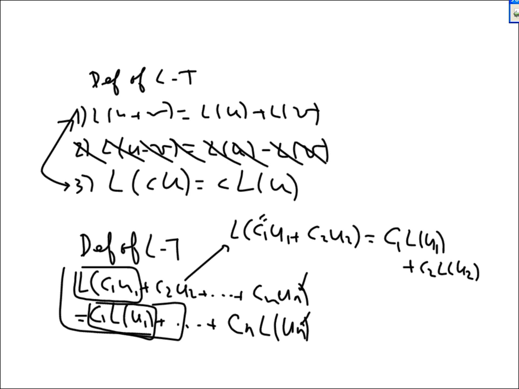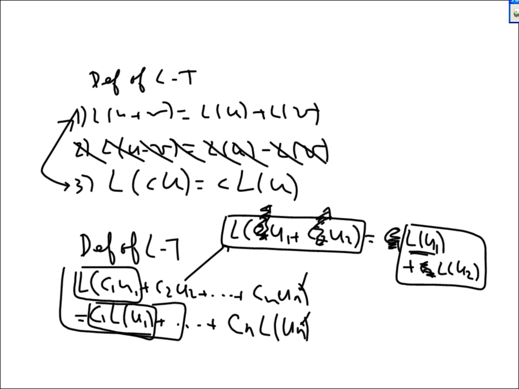Well, if C1 was 1, 1 times U1 is just U1. And if C2 was 1, 1 times U2 is just U2. And whatever L of U1 is, 1 times it is just L of U1. Same thing here. So we have it. L of U1 plus U2. In the definition, I used u and v. Nonetheless, L of U1 plus U2 is L of U1 plus L of U2.